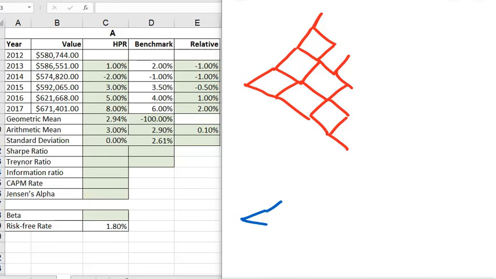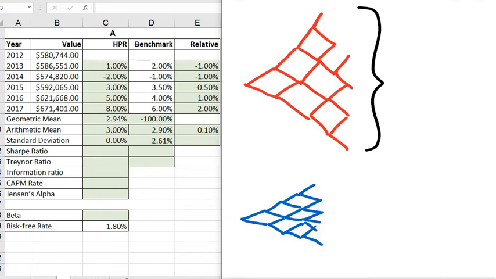And so it still can go up and down, but each period, its standard deviation is smaller. It doesn't fluctuate as much. And so look at the spread of that investment compared to the spread of that investment.